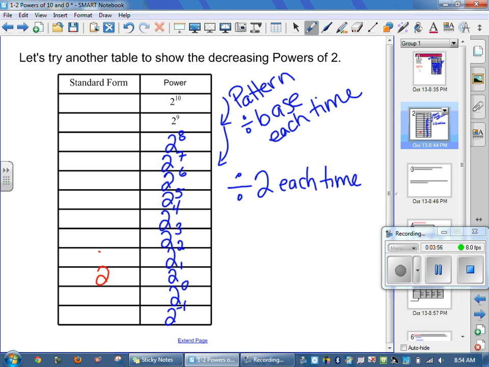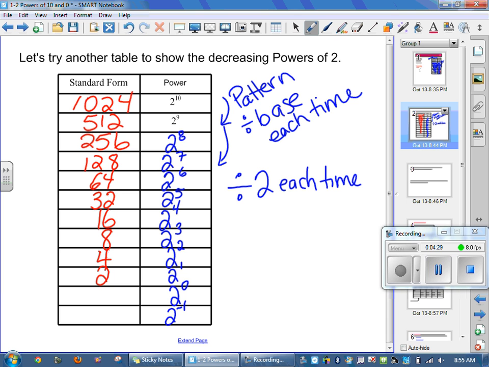How big is that? 4 times 2 is 8 times 2, 16 times 2, 32 times 2, 64 times 2, 128 times 2, 256 times 2, 512 times 2. Good, 1024.